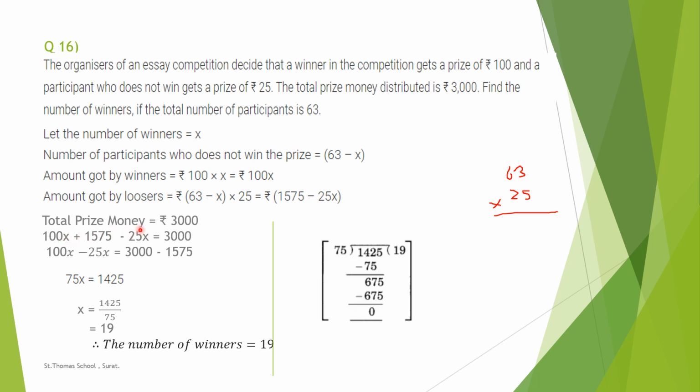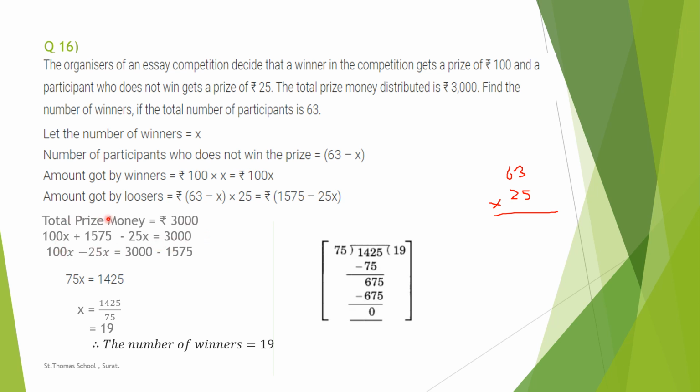Now total prize money that is given is rupees 3000. That means the amount for winners, that is 100x, plus the amount got by losers, who do not win the prize, that is 1575 minus 25x, is equal to 3000.